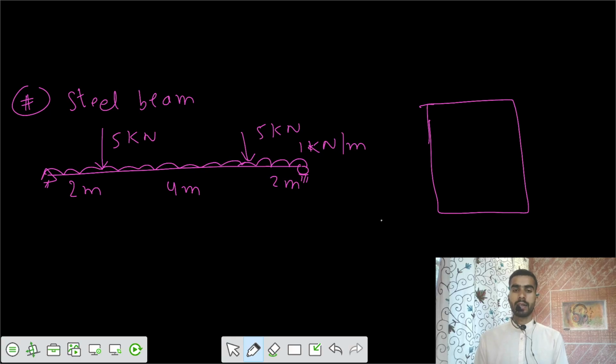Now the UDL is entirely vertical, parallel to the vertical plane. But let's say this is the x-axis, this is the y-axis, and this is the z-axis.